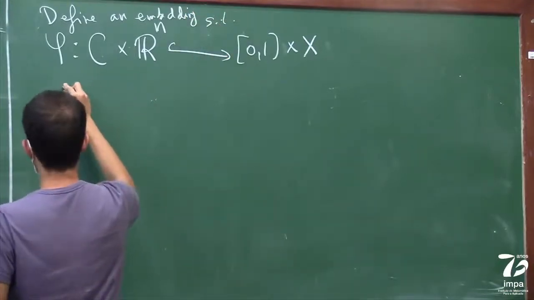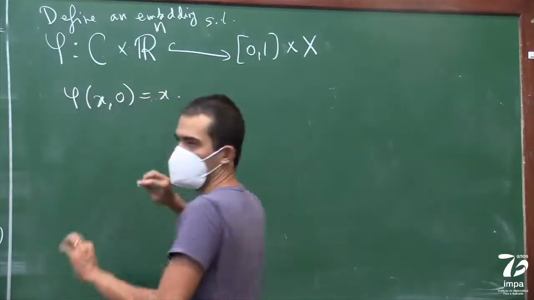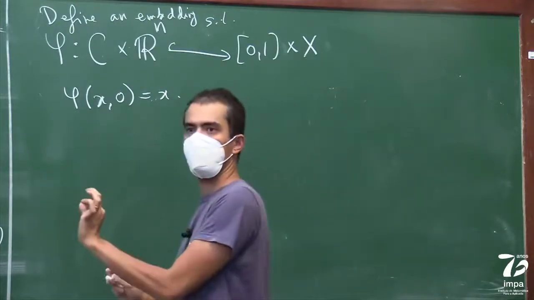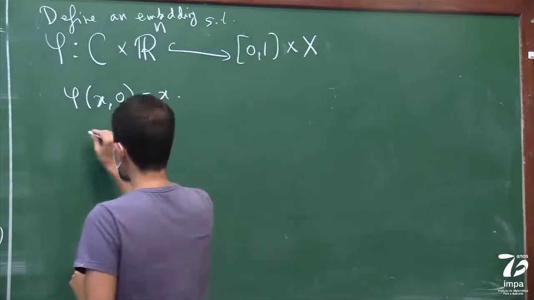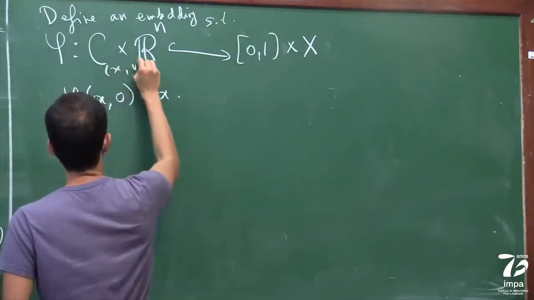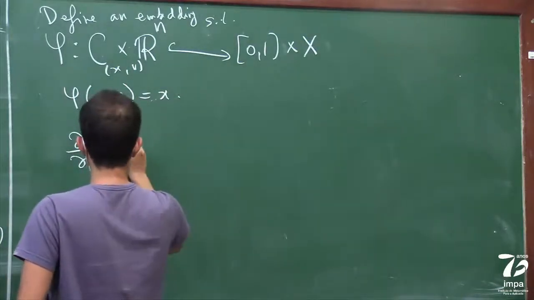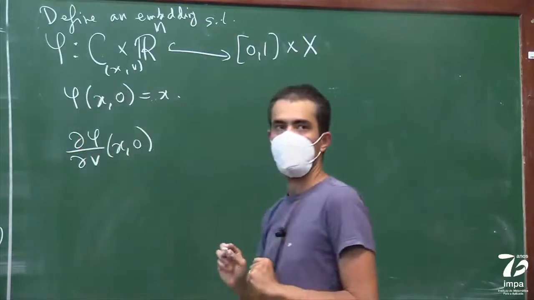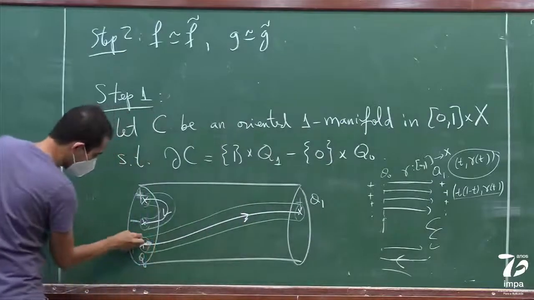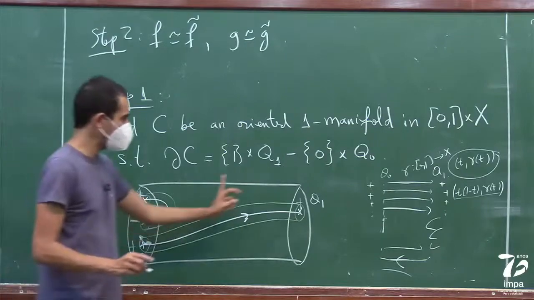We want that, of course, phi of x0 is equal to x. So we take the core of the curve to itself. But then we want d phi, dv, say this is x and v. When I look at the derivative at v for x0, so if I'm on here, I want this to be a specified basis that I choose here, and then a specified basis that I choose there.